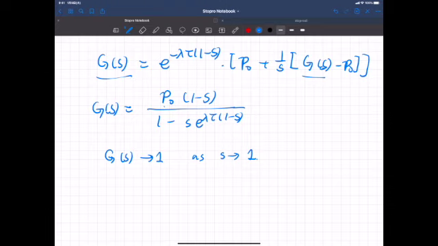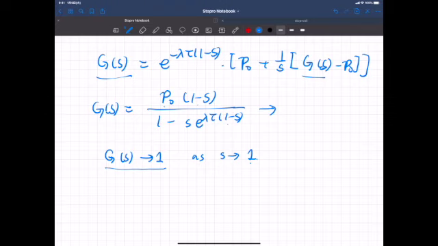Usually from the left, okay? s should be less than 1, and it should approach 1. Then this value of the probability generating function should be equal to 1. So if we take the limit s going to 1, the numerator will be 0, and the denominator is actually 0 as well.